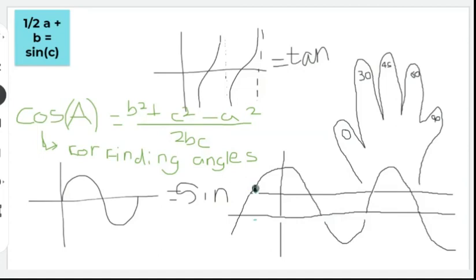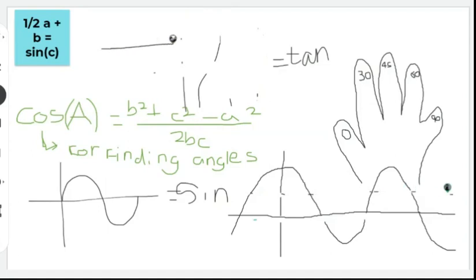Ah, yes, working out exact angles. Someone's put the sine graph on the left and the cos graph on the right. The horizontal line can definitely be useful when you're working out things like sine of x equals 30. What are the different values?